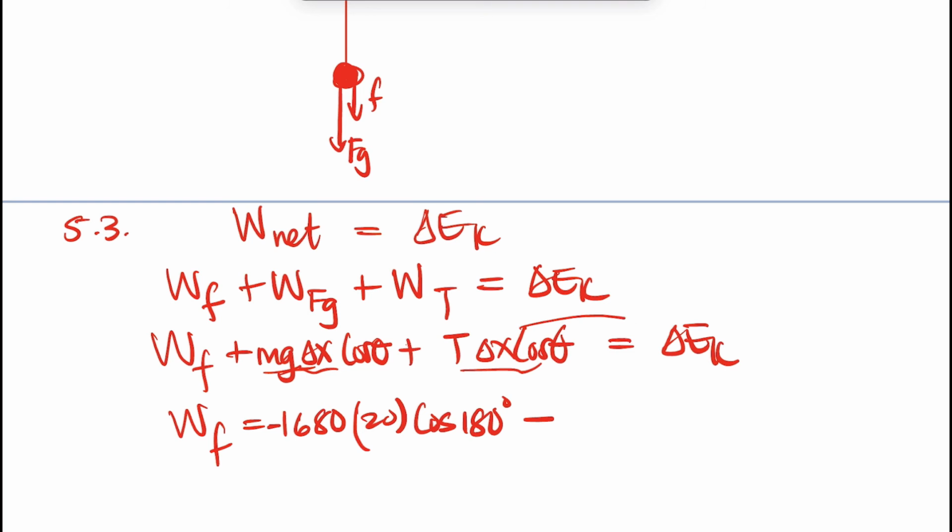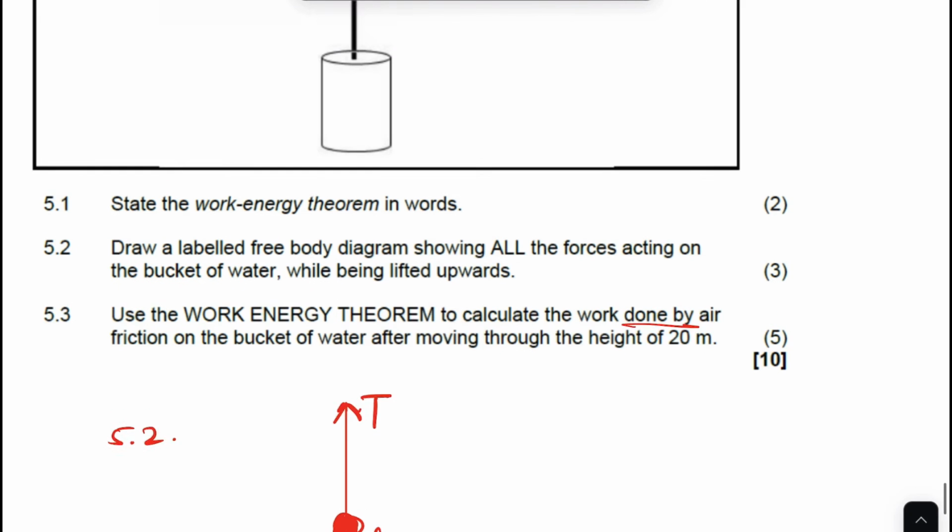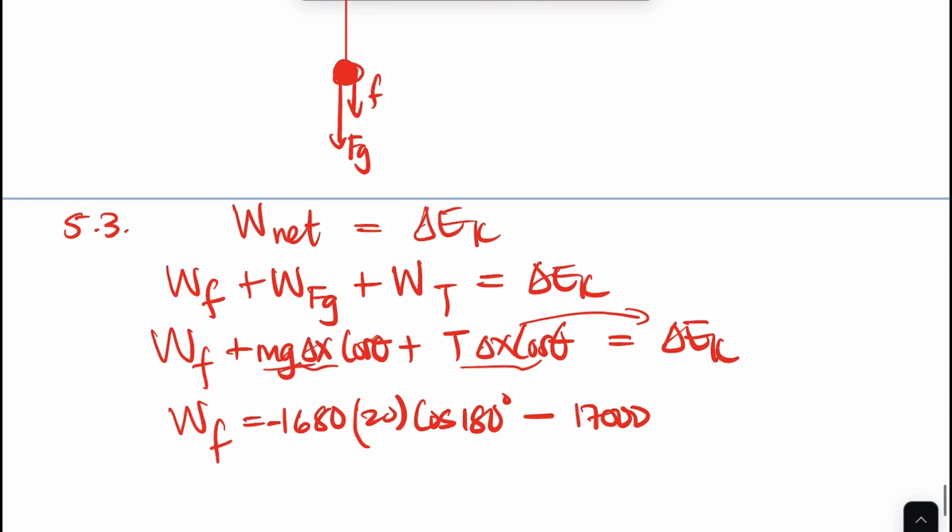Minus, because we're going to transpose this to that side, so it's 17,000, the tension force, and 20 cos 0, the tension force is in the same direction as the displacement, and then the change in EK is going to be 0.